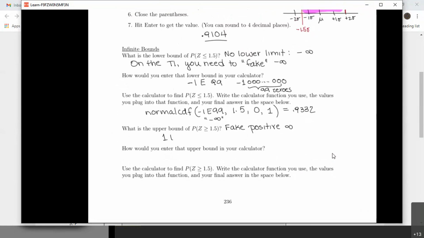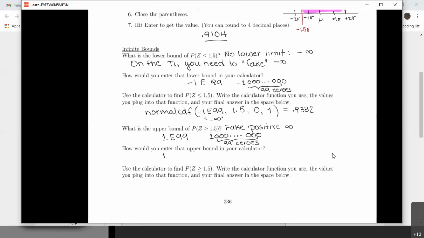That's going to be 1E99, which is 1 with 99 zeros. So everybody understand how to put infinite bounds in the TI if that's what you're using?